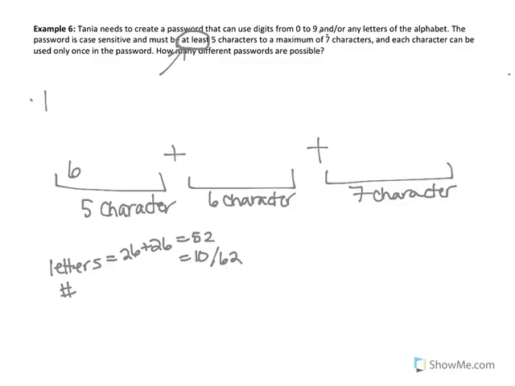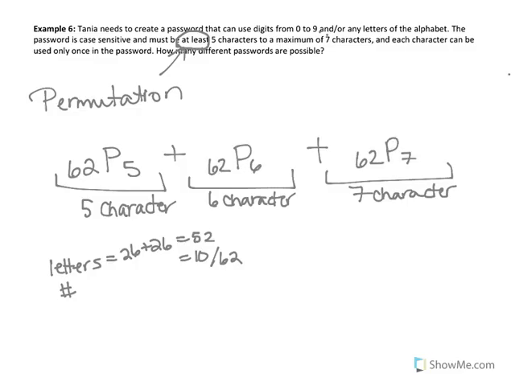And it is a permutation because it matters what order you put a password in. So we have 62 pick 5 plus 62 pick 6 plus 62 pick 7. So type that all into your calculator.